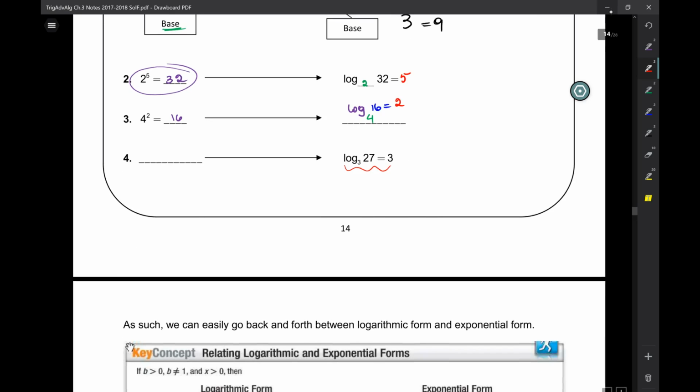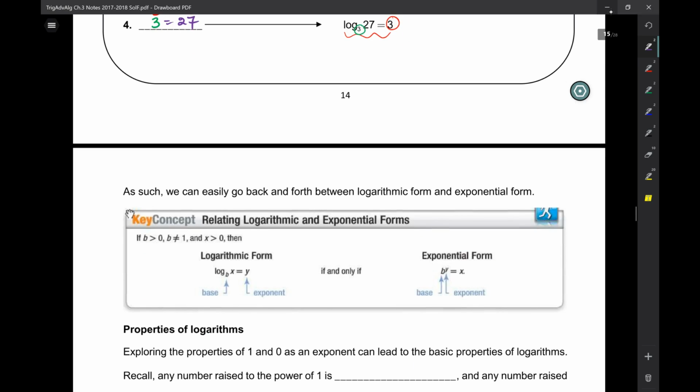Okay? All right. Now, take a look at this one. I've given you the logarithmic form. Can you write that in terms of the exponential form? Exponent 3, right. So, base 3, exponent is also 3, and that equals 27. Okay? So that's how we can go back and forth between logarithmic and exponential form, right?